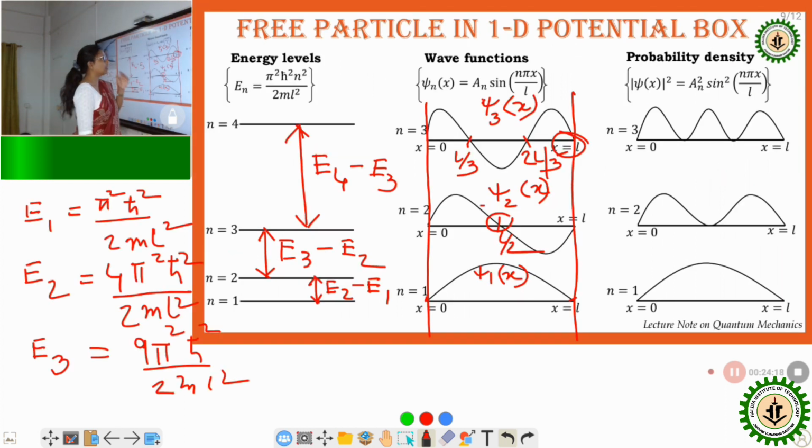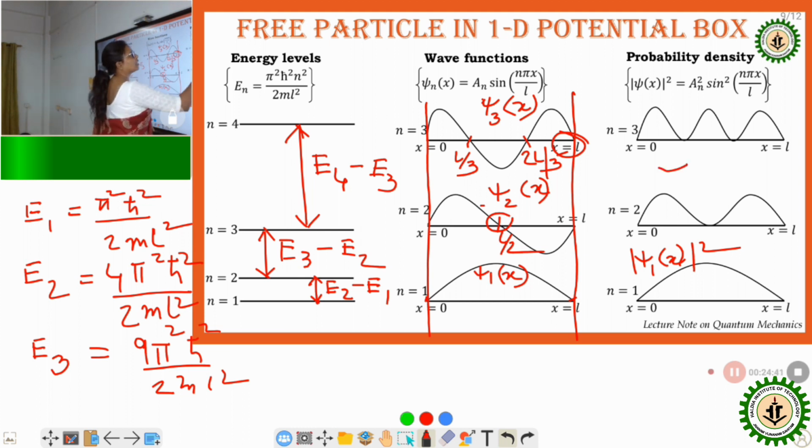Now come to this point. When you are getting the probability density, all the wave functions which have a negative lobe are shown as mod psi 1(x) square, mod psi 2(x) square, mod psi 3(x) square.